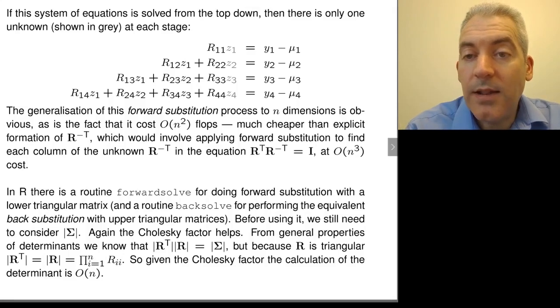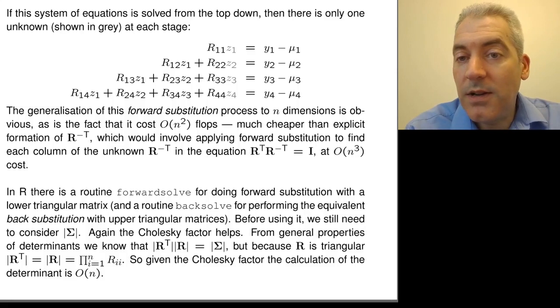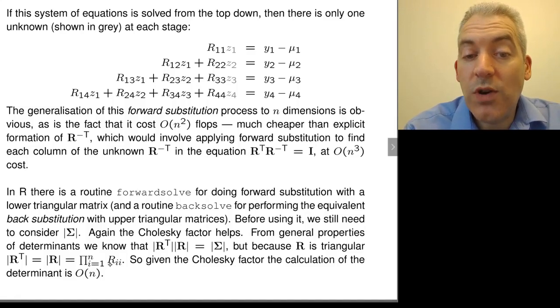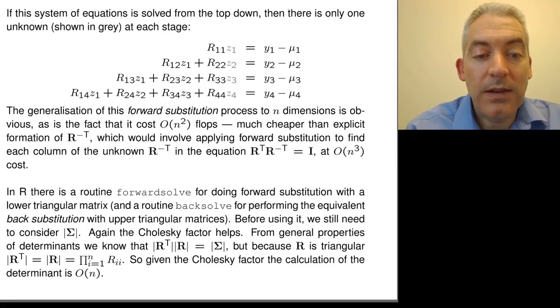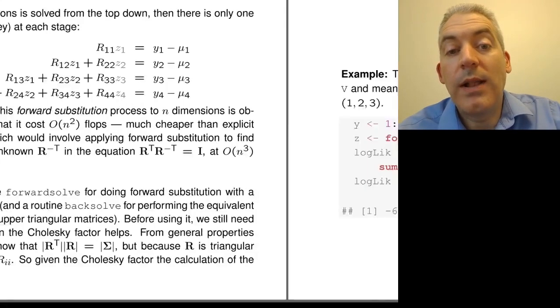If you've got a triangular matrix, one of its really nice properties is that its determinant is just the product of the diagonal elements. So it's trivial to work out the determinant of a triangular matrix, which is good because determinants are nasty to work out. So we also get the determinant from the Cholesky factor as well.